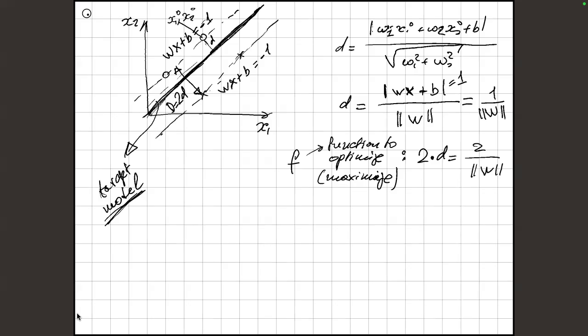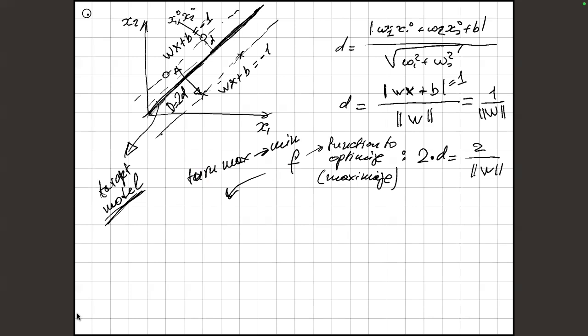And again, the next computational trick, so to say, is to turn the maximization problem into a minimization.